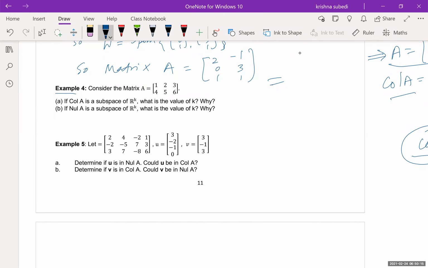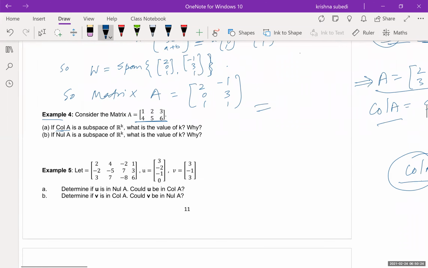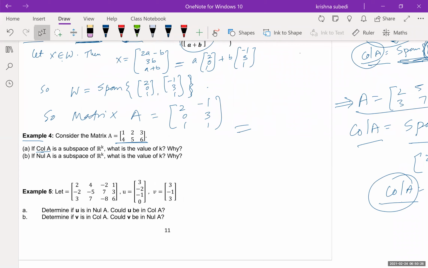So example 4, consider the matrix A. Matrix A is given. Now what we want to do is find the column space. Oh, by the way, before I do this, let me remind you one thing.